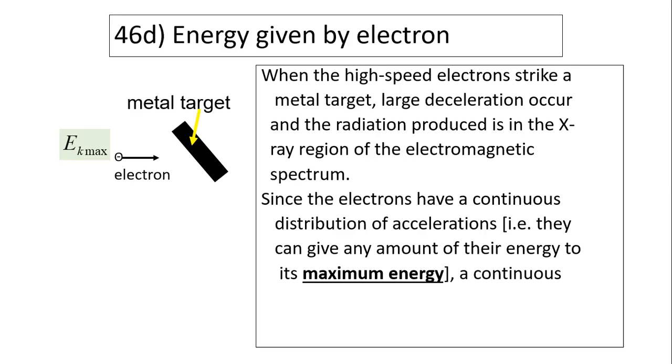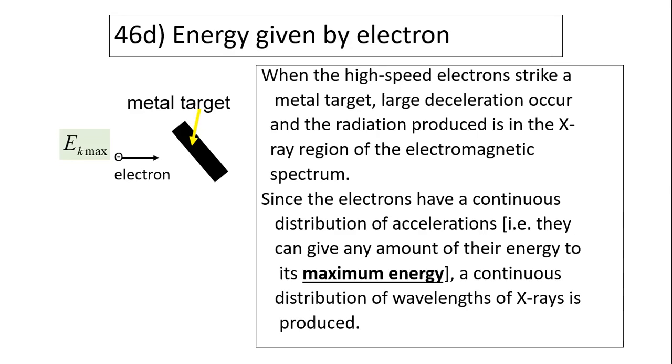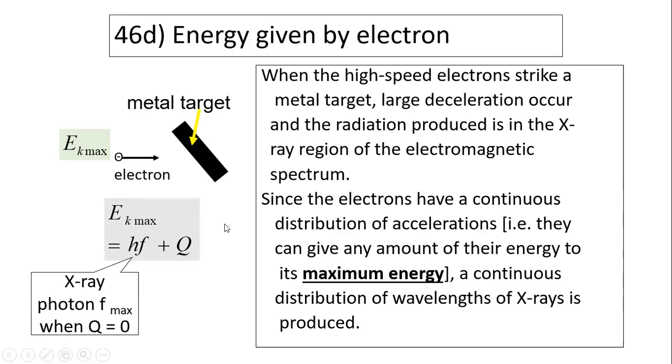They can give all the energy, or they can give different amounts. Cannot give more than the maximum. So that explains the continuous spectrum on different wavelengths. Right? That one can produce the X-ray. There's a maximum kinetic energy of electron. There is energy given to the target. And when Q is 0, then we get your maximum frequency or minimum wavelength.